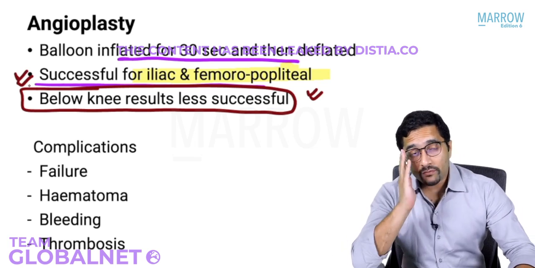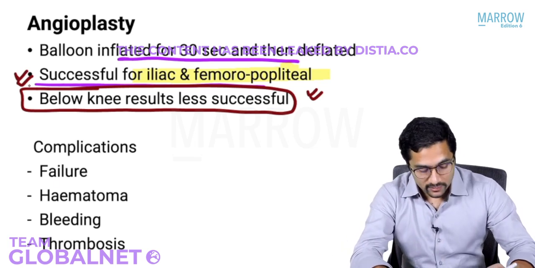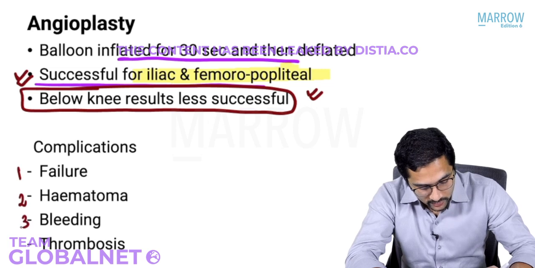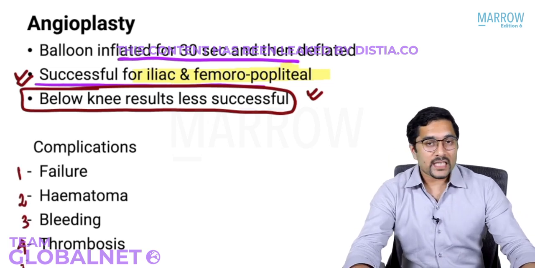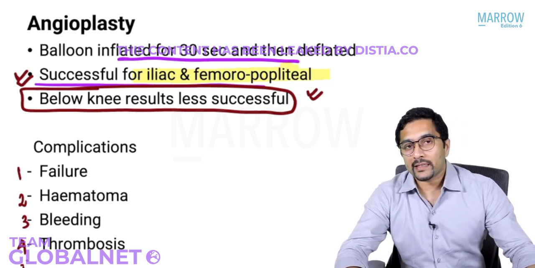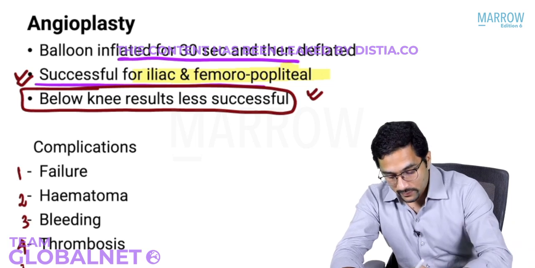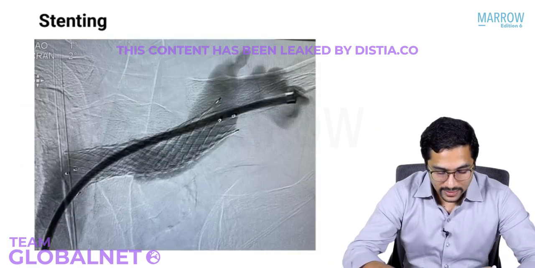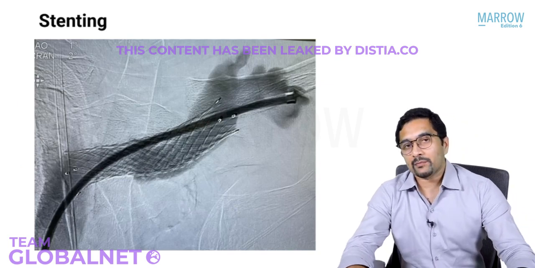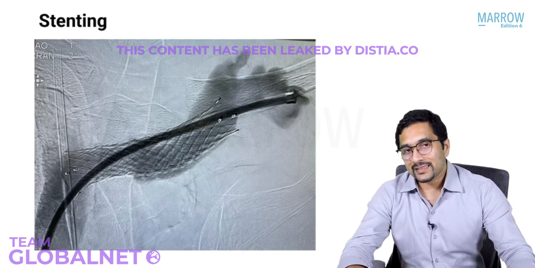The complications of angioplasty and stenting are bruising, bleeding, hematoma, and thrombosis. If there is failure after angioplasty and stenting, then you have to carry out an open bypass grafting. You can see here the stent which has been placed, and after placing the stent, you can see that the blood supply to that area has increased.